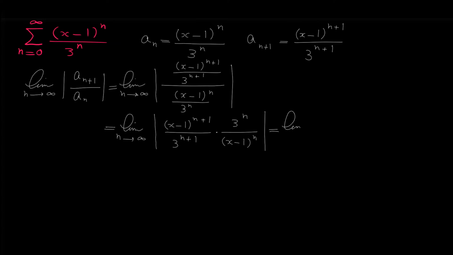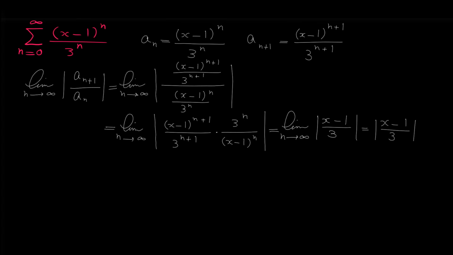So this limit equals the limit as n approaches infinity of the absolute value of (x minus 1) over 3. Now note that in this limit n approaches infinity, but here in the expression we don't have any n, and so this limit equals the absolute value of (x minus 1) over 3.